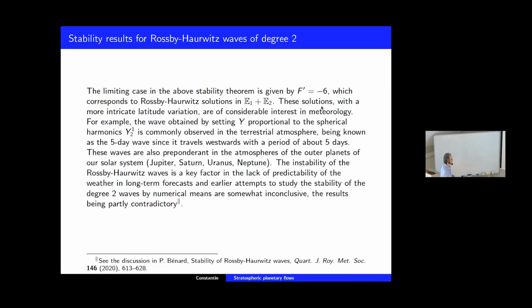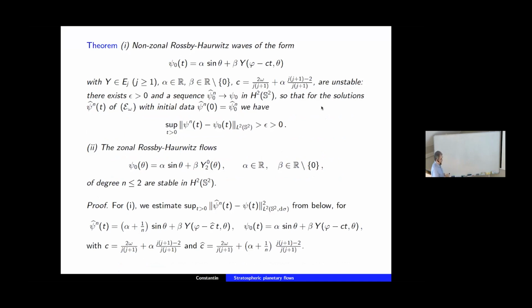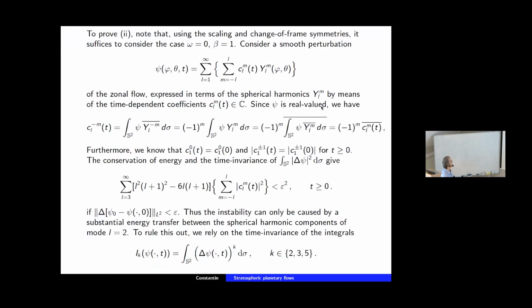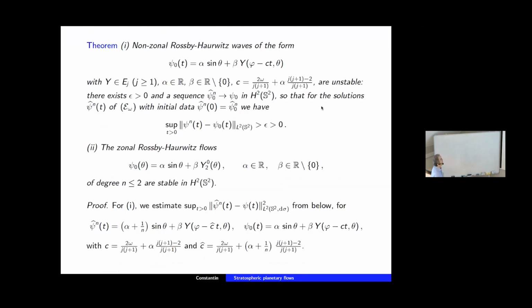And we worked very hard for this. So first of all, non-zonal solutions of this form are unstable. And this is easy to show by using the invariances. So basically the proof is here. The claim is the following. You take a Rossby-Haurwitz wave, and it's a non-zonal one. There is a genuine dependence on phi.